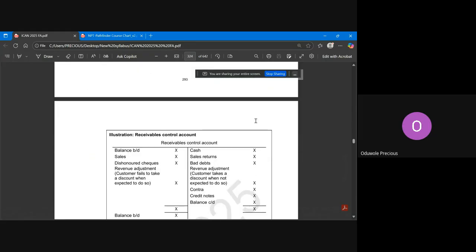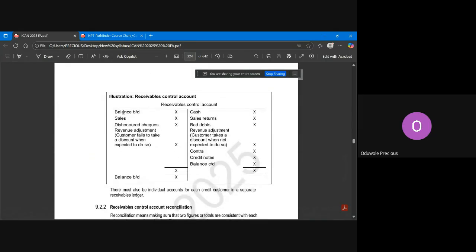Now, under the receivables control account, this is the format. All these things I have seen here were brought from the individual ledgers of the debtors, the receivables.